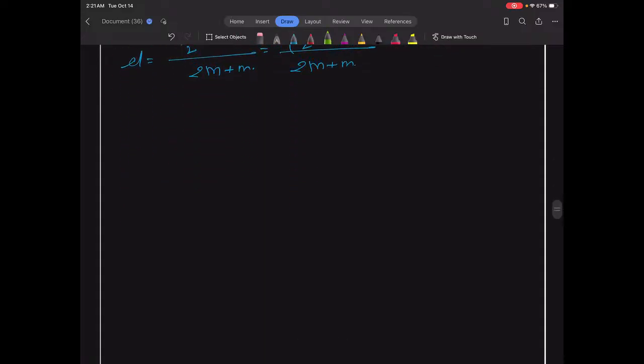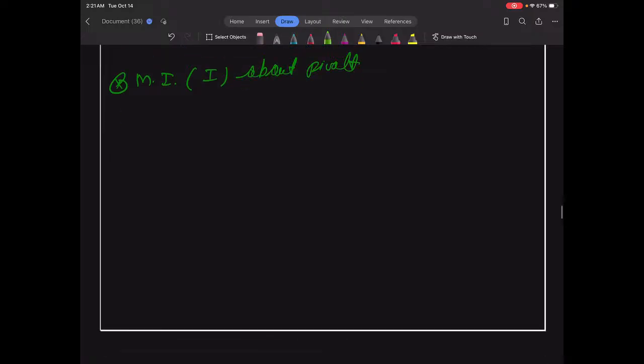And now we come to our moment of inertia about the pivot point. Moment of inertia, which is once again I about pivot. And we are going to consider the individual parts.